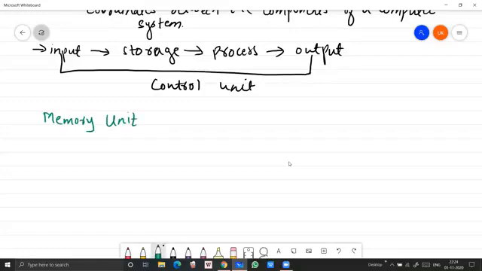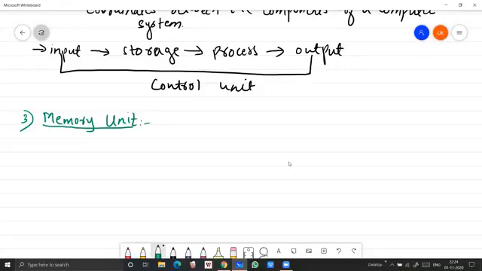We are learning this under the CPU. In the CPU we have the arithmetic logic unit, control unit and memory unit. Now, what is the memory unit? Basically it is to store something. That is memory. Our memory is used to store. This is the third part of the CPU.